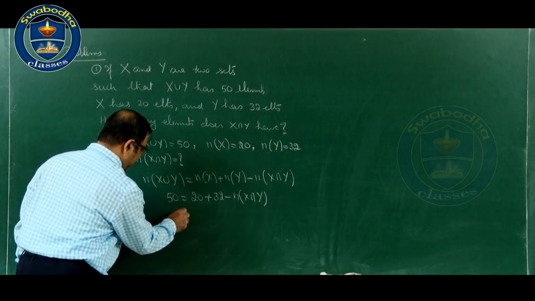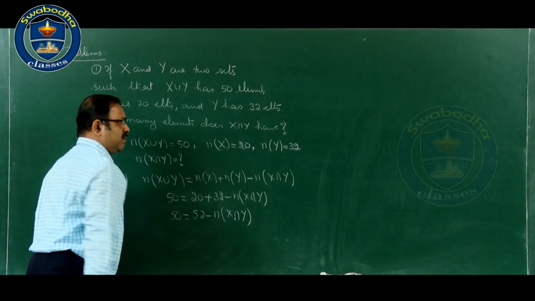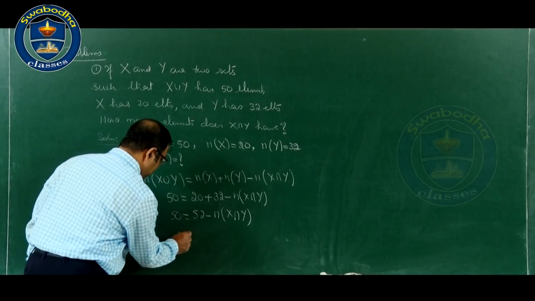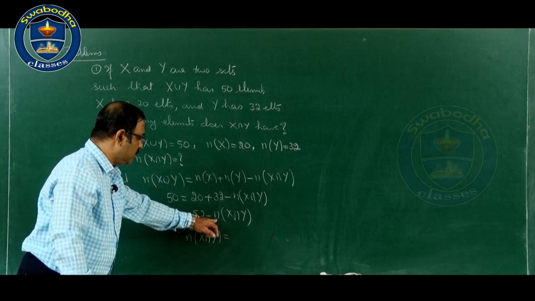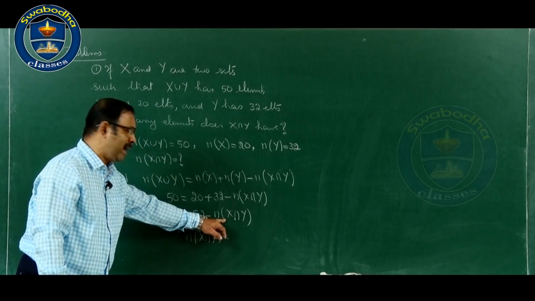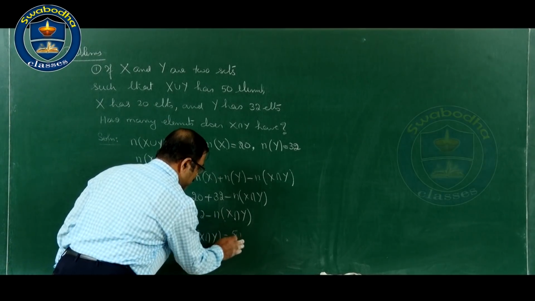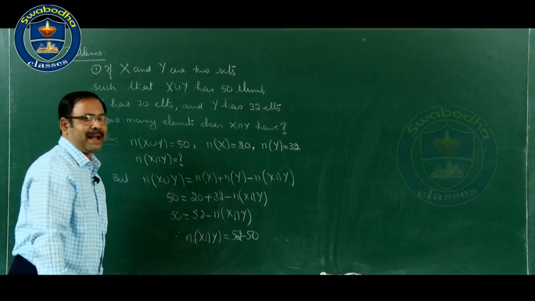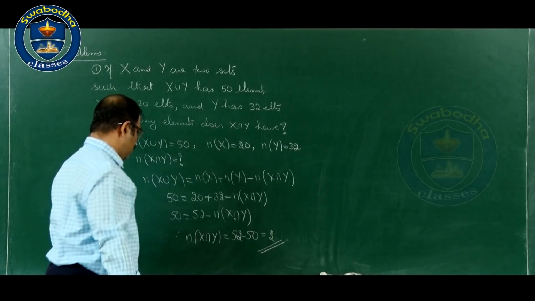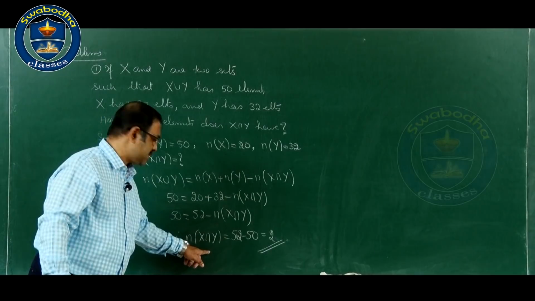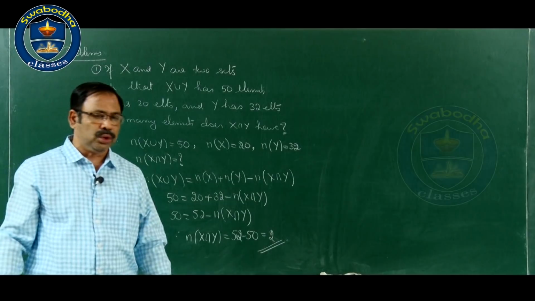That is 50 equals 52 minus x intersection y. Therefore, n of x intersection y, you bring n of x intersection y to the left hand side, take 50 to the right hand side. So, it is 52 minus 50. Therefore, n of x intersection y is equal to 2.